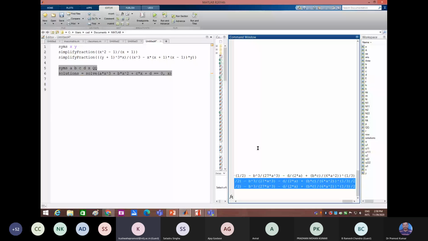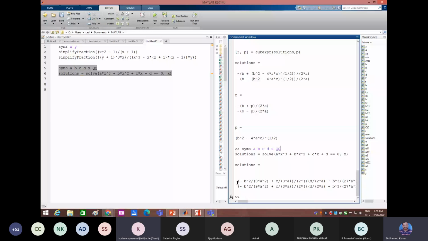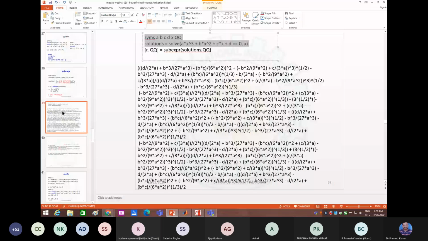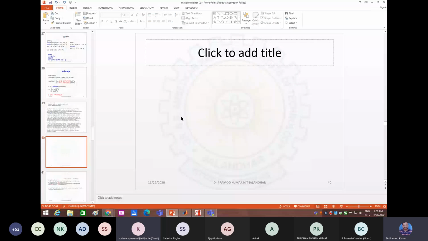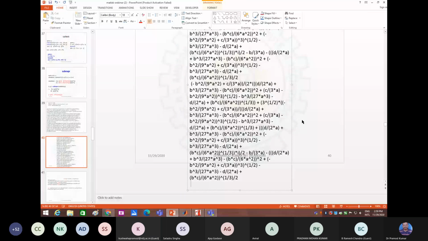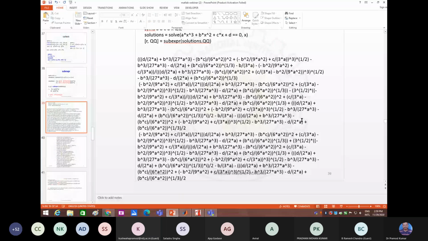I will just copy it, and then paste it for your reference. Here, let us take a new sheet and paste. This is the big expression which does not come on one page.